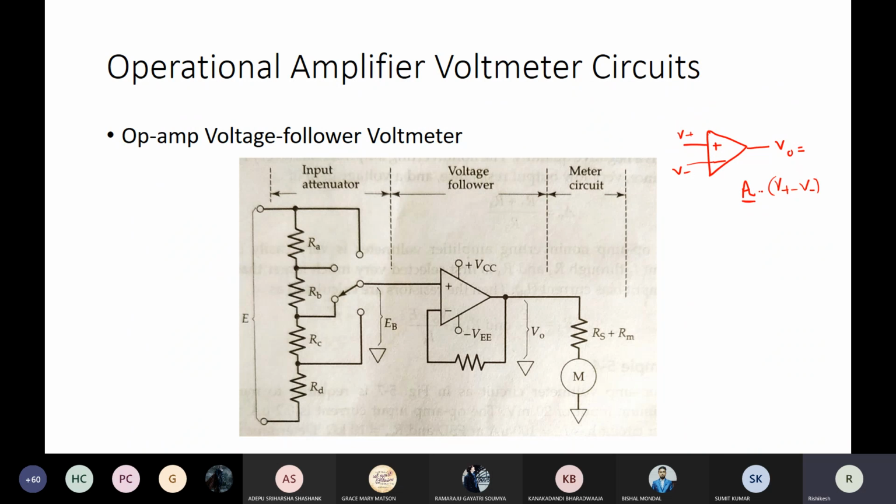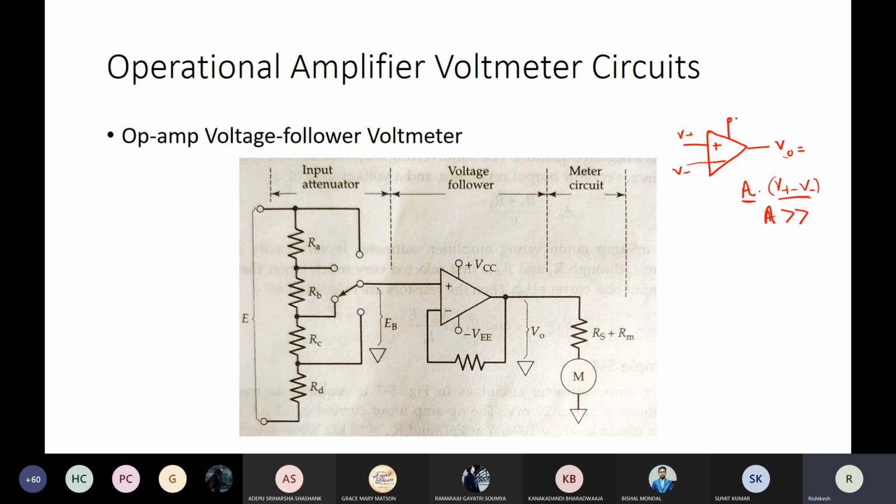How much is the typical gain of an op-amp? Infinity. So it is very high. A is very high, so for a very small difference it will give a significant voltage.